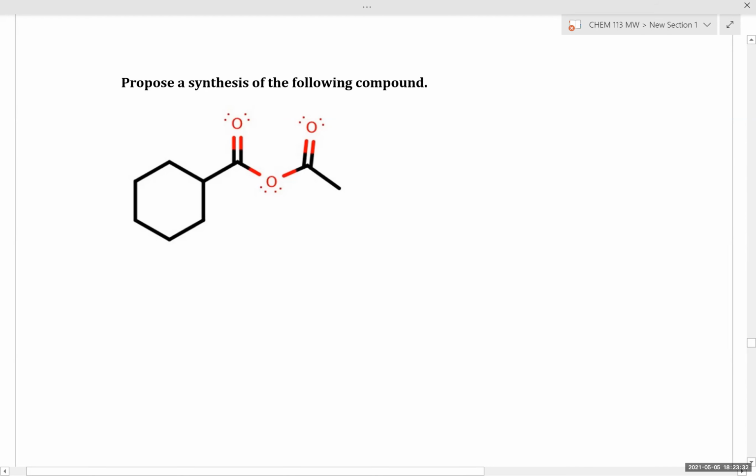So, does anyone have a proposal that they'd like to share with the class on the class whiteboard? So we have this asymmetrical anhydride, and we previously discussed methods to prepare anhydrides. So what starting materials would we use, and what conditions would we need?